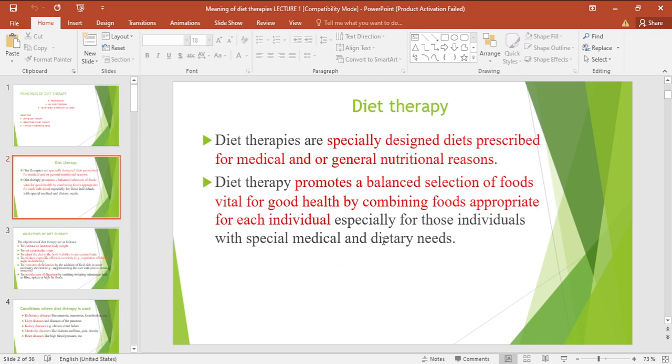Diet therapy promotes a balanced selection of foods that are vital for good health by combining foods appropriate for each individual, specifically for those with special medical and dietary needs. So, one of the objectives of diet therapy is to make sure that this diet provides a balanced selection of nutrients that are vital for the good health of that individual, depending on their condition.